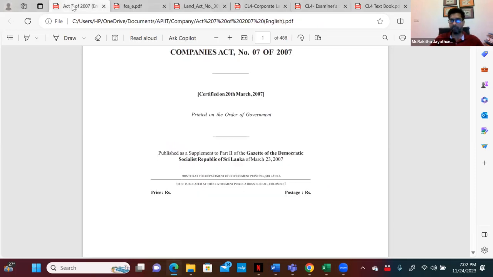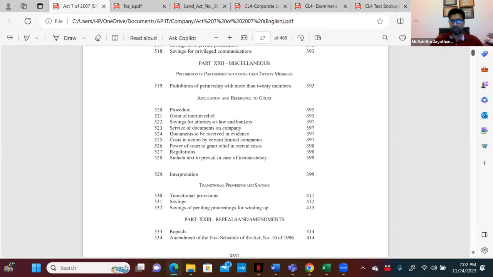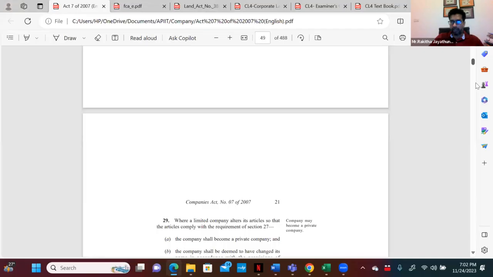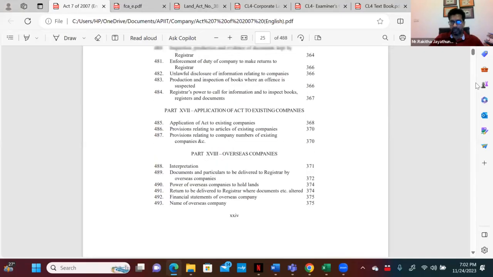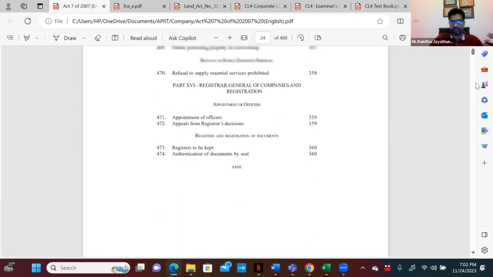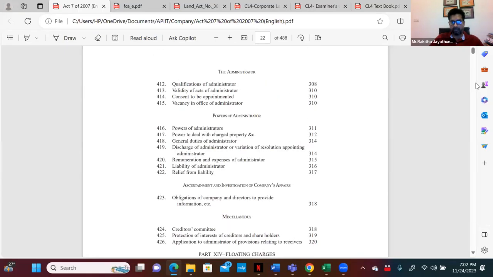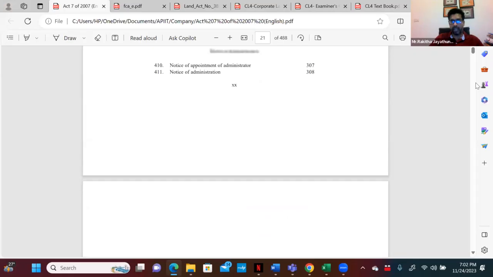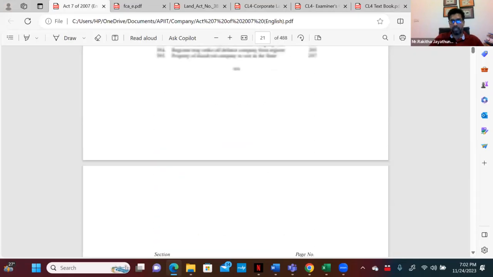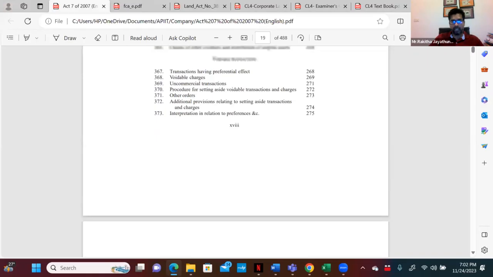I want you to have the Companies Act with you when I'm explaining this. One other thing: be familiar with this index. Again, it can save a lot of time. But you can't do this at the last moment, one day before the exam. That's why you need pre-preparation.